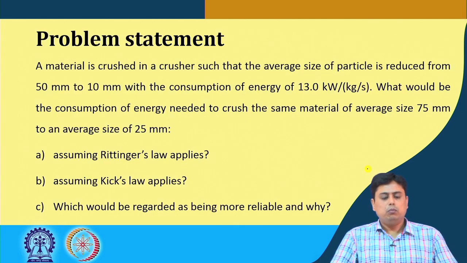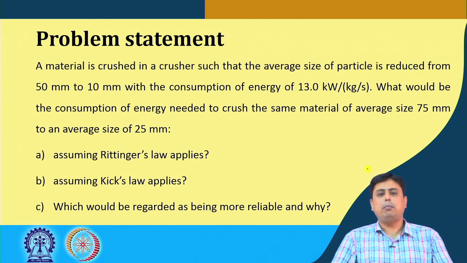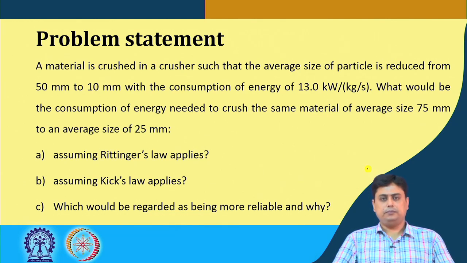Now, we move on to one problem to see how these expressions are used, or which one would give more reliable predictions. The question is: a material is crushed in a crusher such that the average size of particle is reduced from 50 millimeter to 10 millimeter with a consumption of energy of 13 kilowatt per kg per second.